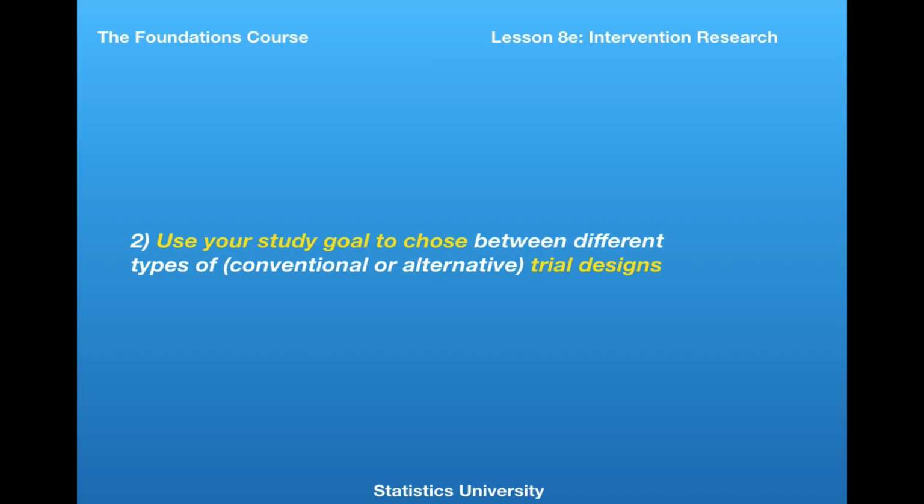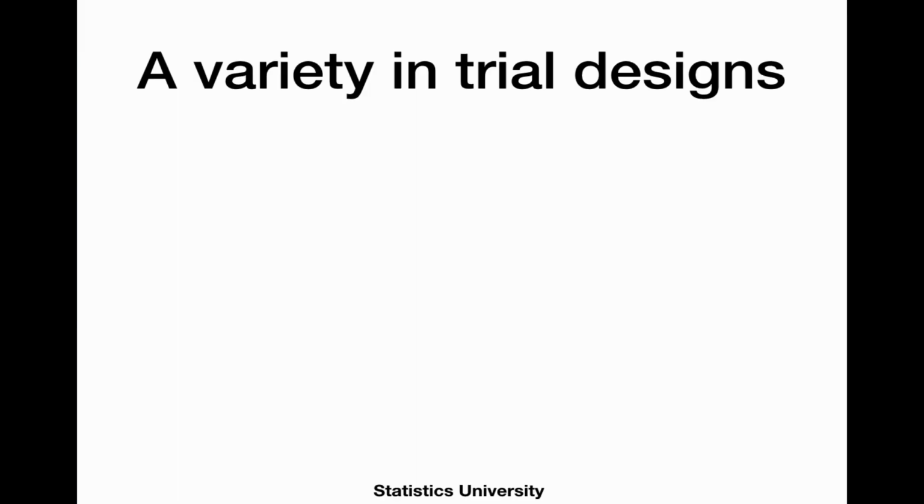The second principle of the GCR approach to intervention research is to use your study goal to choose between different types of trial designs. And let's look at a list of options with regards to the study design. You can use a randomized trial or a non-randomized trial.